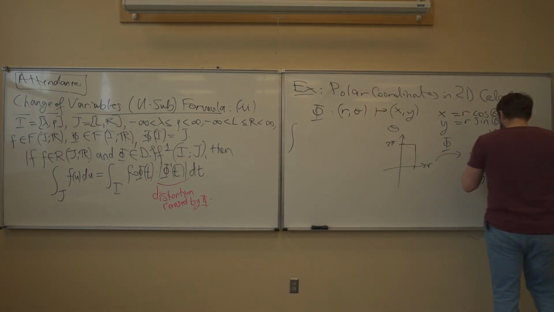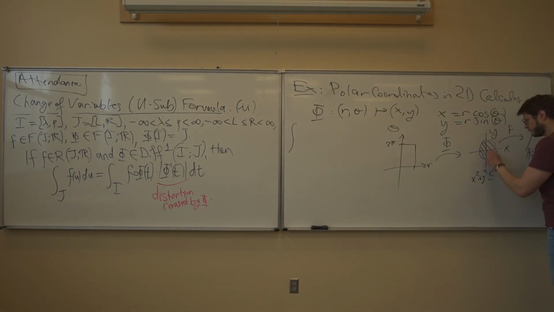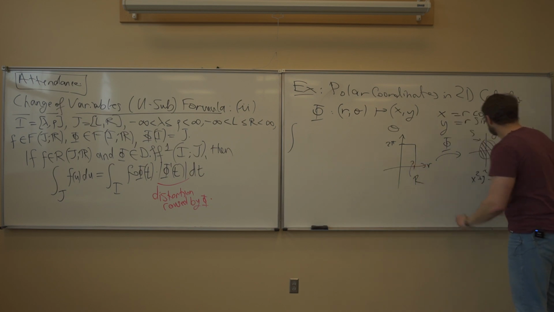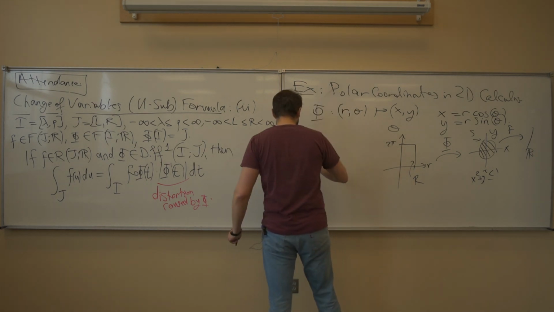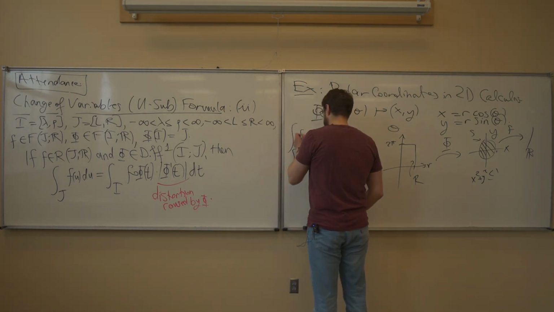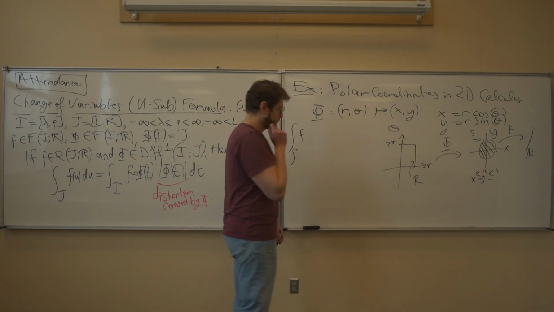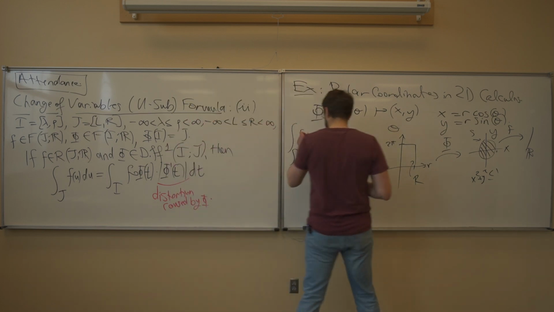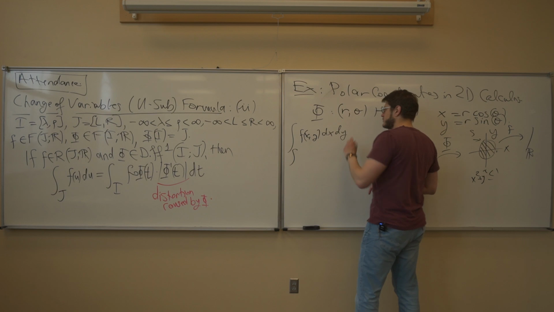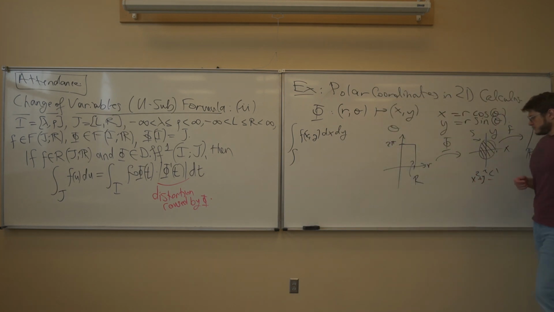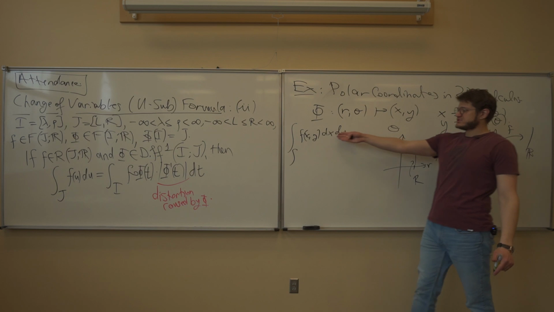Let me call this S, and this guy R. I want to integrate f over S dx dy. Because I have two variables now, I cannot just put dx here.